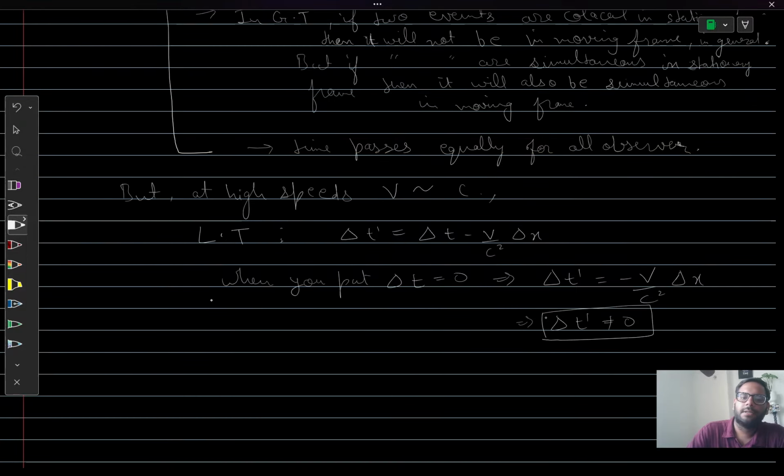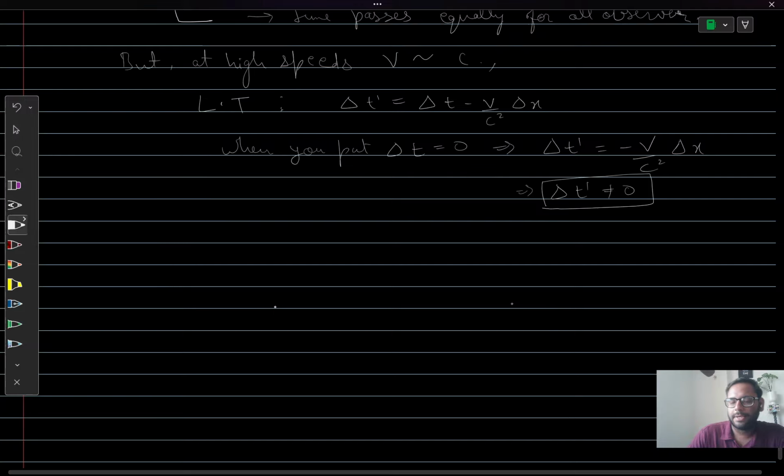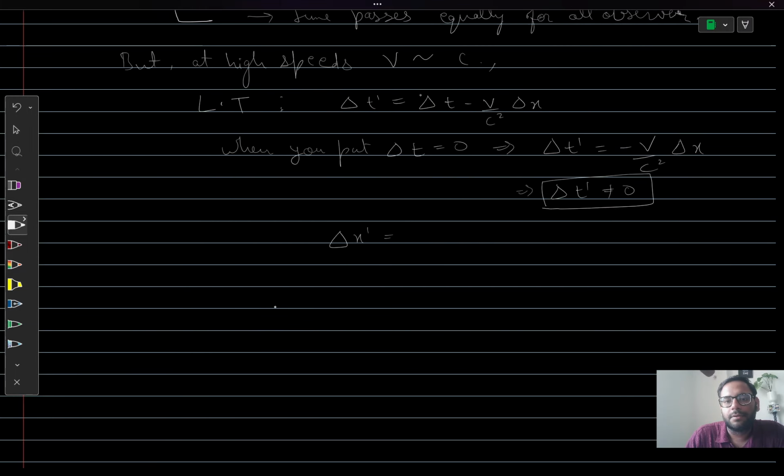If they are simultaneous in one frame, they are not simultaneous in another frame. And secondly, if you have the second equation, I forgot something, that is gamma, del x prime equals gamma times (del x minus v del t).